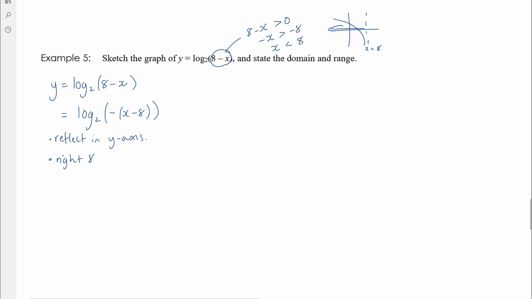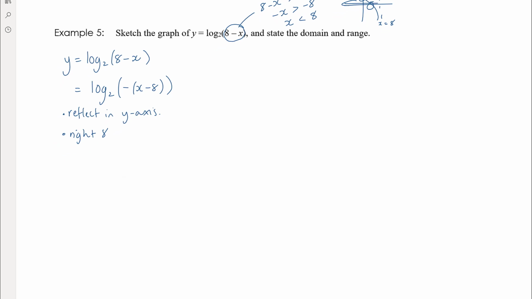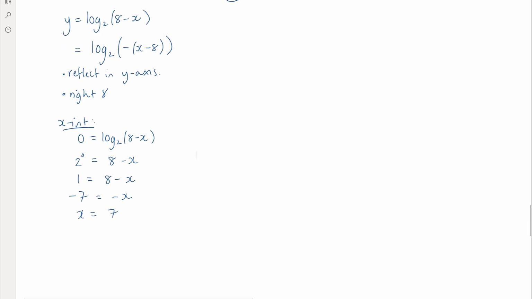Okay, so we're going to need to think about x and y-intercept. So maybe let's do that. X-intercept, we'll let y equal 0, so 0 equals log base 2 of 8 minus x. So that is 2 to the 0 equals 8 minus x, or 1 equals 8 minus x. Subtracting 8, negative 7 is negative x, so x equals 7 is my x-intercept.